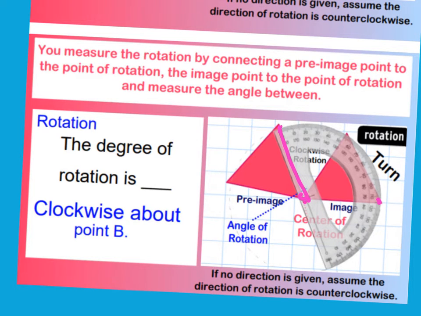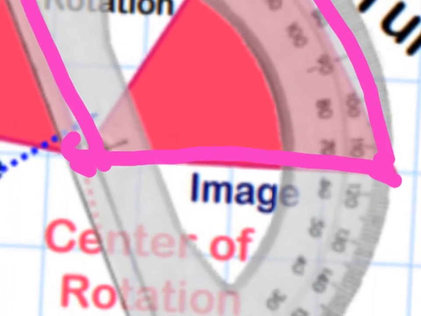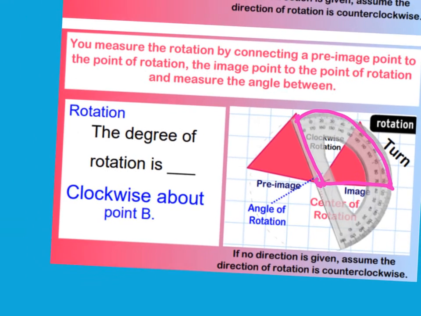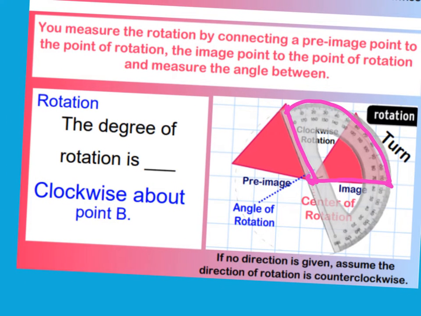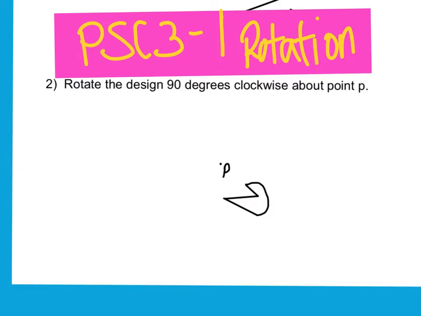Then I connect the center of rotation to my image point. This is the angle that I measure. And that angle looks like about 115 degrees. So the degree of rotation is 115 degrees, and we went clockwise. We went this way, about point B. So that's how you would describe rotation.